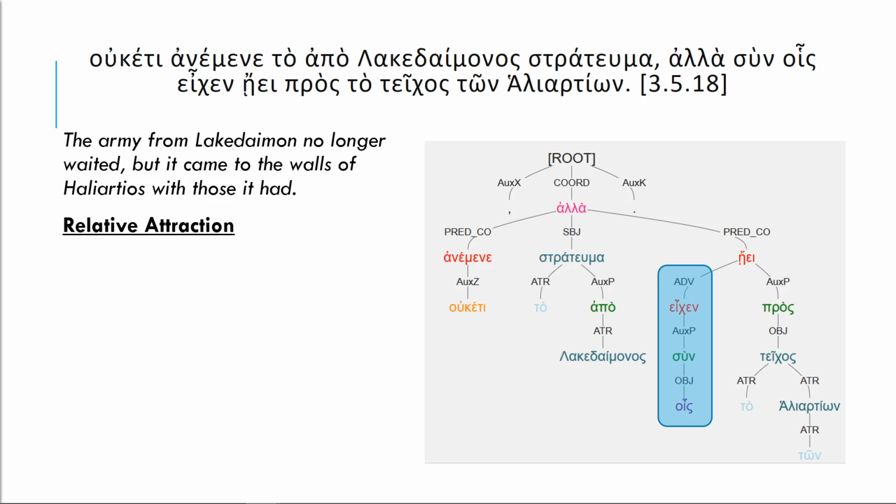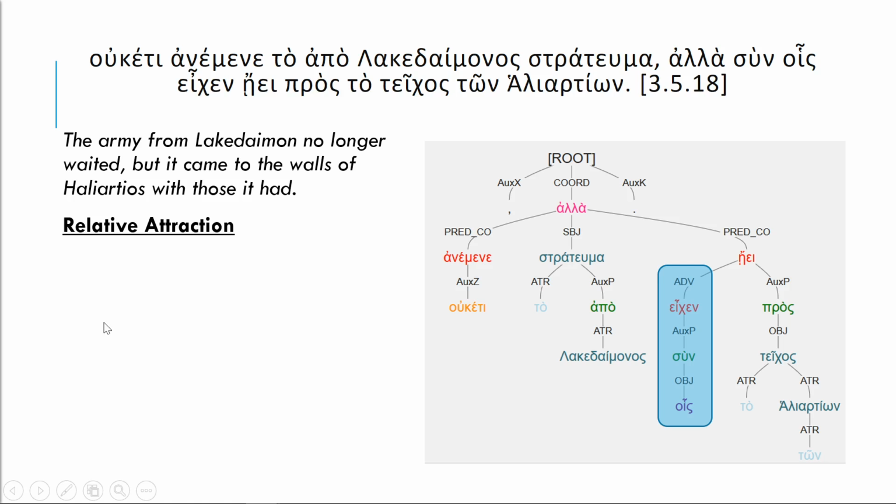So if I wrote this sentence out in full, he came to the wall with the men whom he held. It would have been syn toutois, some demonstrative pronoun, syn toutois, echein hous, whom he held.